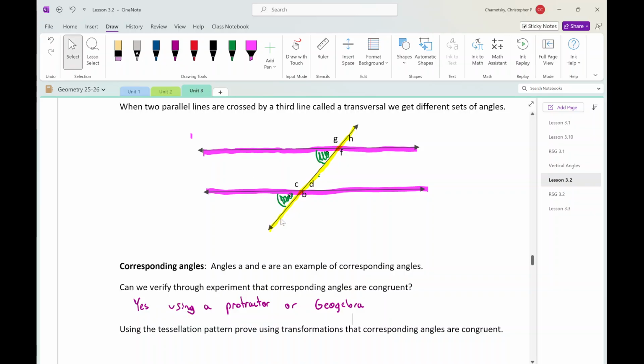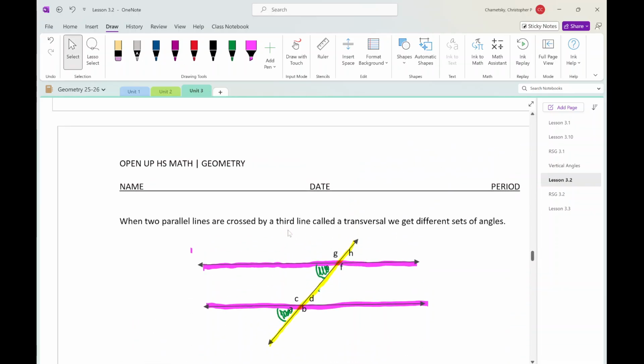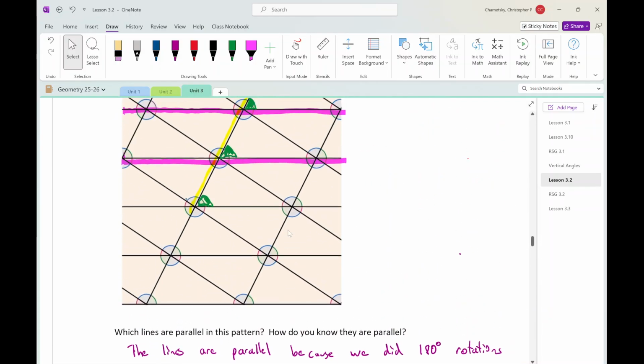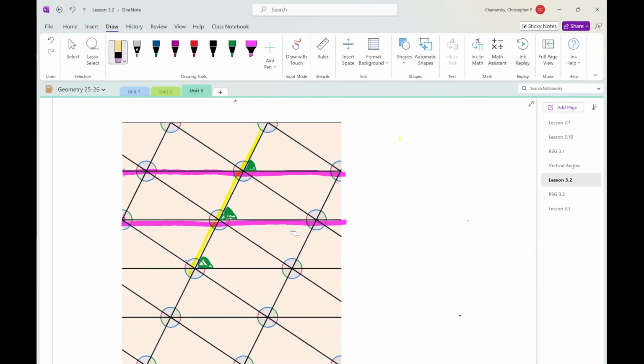Well, let's see if we can use our tessellation pattern. Can we prove that these repeating green angles, so we're looking at this here and here, are they always going to line up?